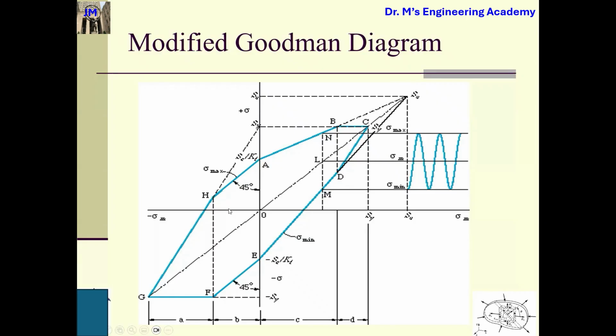And outside this shape, it's very dangerous for your specimen, and the specimen might fail at any time. You understand, guys? So within this line, it is safe. On the boundary of this shape is critical. Outside this boundary, it's dangerous.